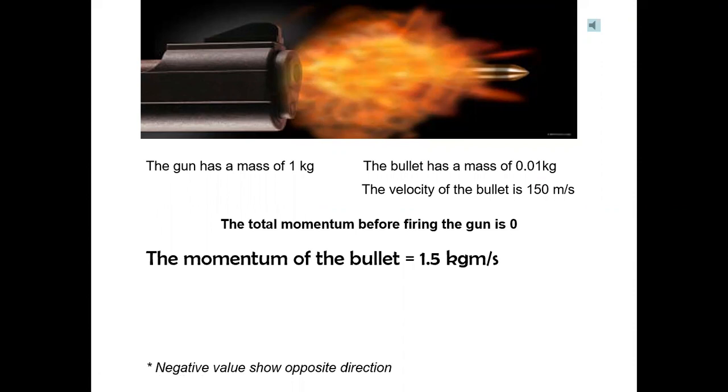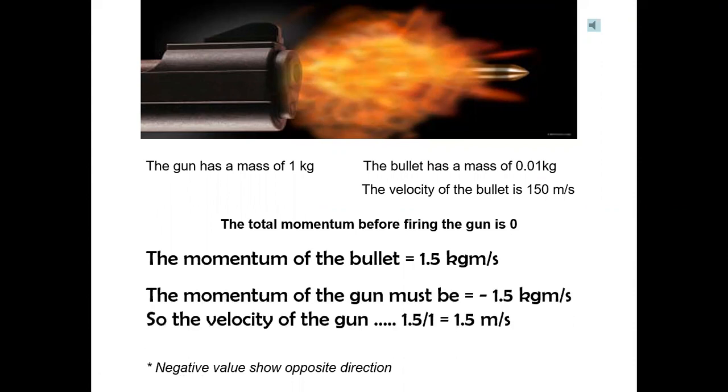Nothing is moving. But the momentum of the gun itself must be minus 1.5, because the gun is acting in the opposite direction to the bullet. And because it's acting in the opposite direction, it's creating a negative value, and therefore it'll be negative 1.5.